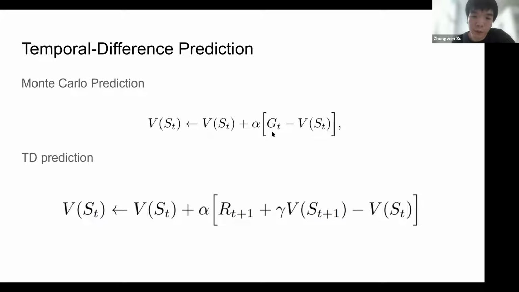The first one is GT. Recall that in the first part of the lecture, GT means the episodic return.